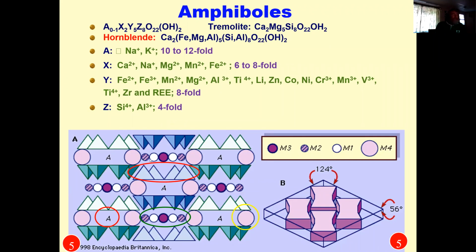Glued together by cations, Y equals 5, here are the 5 cation sites. These are the X equals 2. And A is a site that can be vacant, but can also contain alkalis, depending on the exchange vectors in the solid solution series that we're looking at.